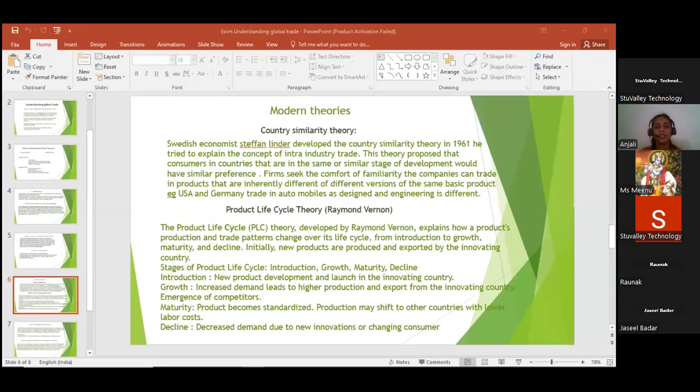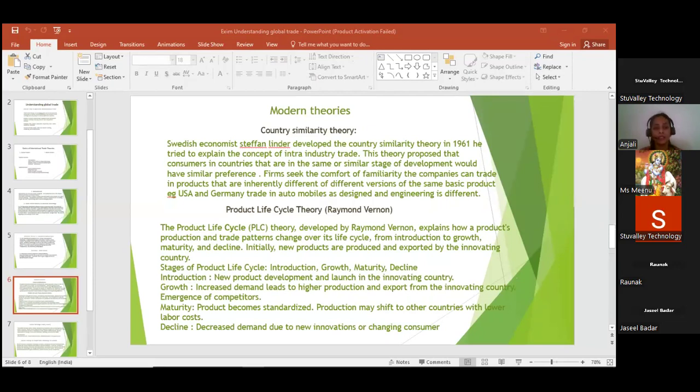This type of modern theory came into existence after the olden days, and the first one is the country similarity theory. The Swedish economist Staffan Linder developed the country similarity theory in 1961. He tried to explain the concept of intra-industry trade.